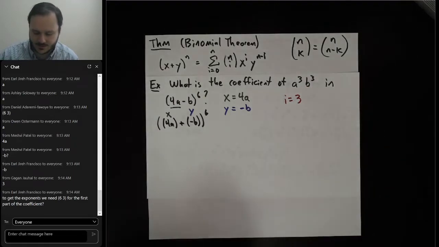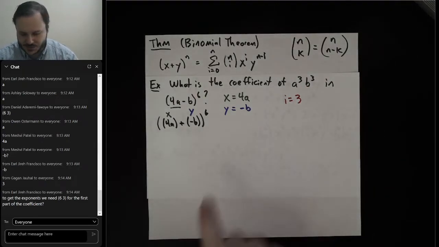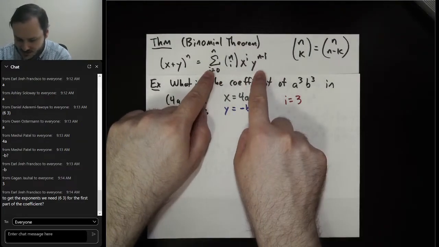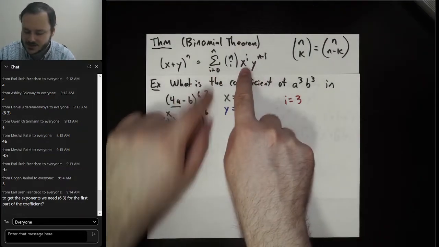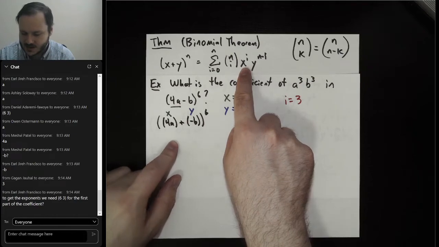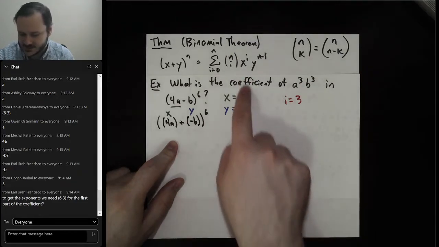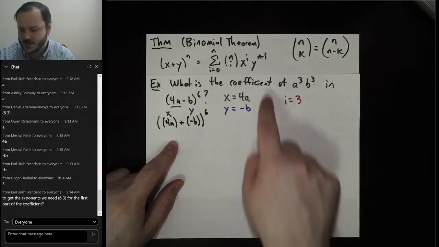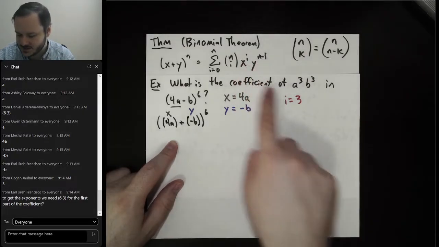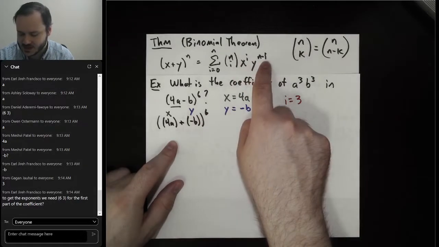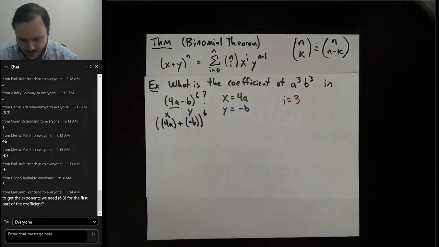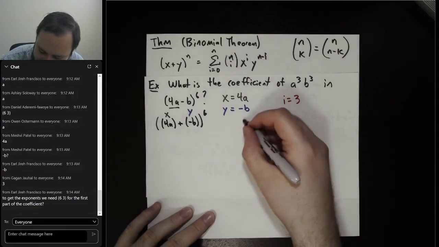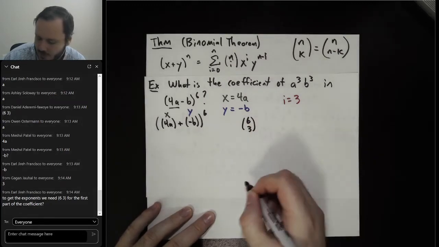Good. Which means the binomial theorem says, when i is 3, I'm going to get this to the 3, and then n in this case is 6, so 6 minus 3 is also 3. So what I'm going to get out of this is 6 choose 3.